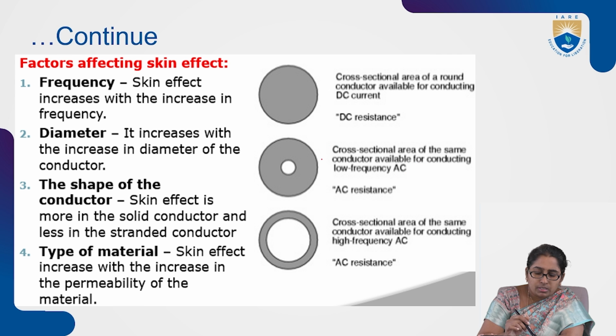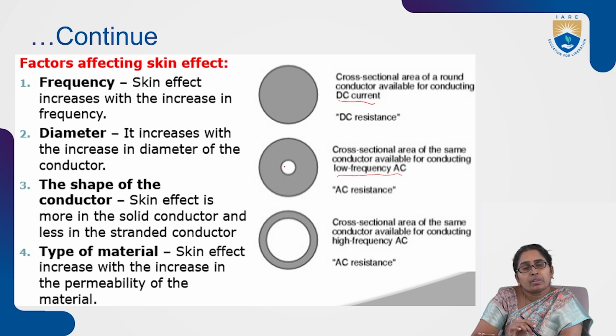Next, second case, when a low frequency AC current is flowing through the conductor, this is how the current is distributed. Only a smaller inner portion doesn't have the current. Inside the conductor, only a small portion has no current.